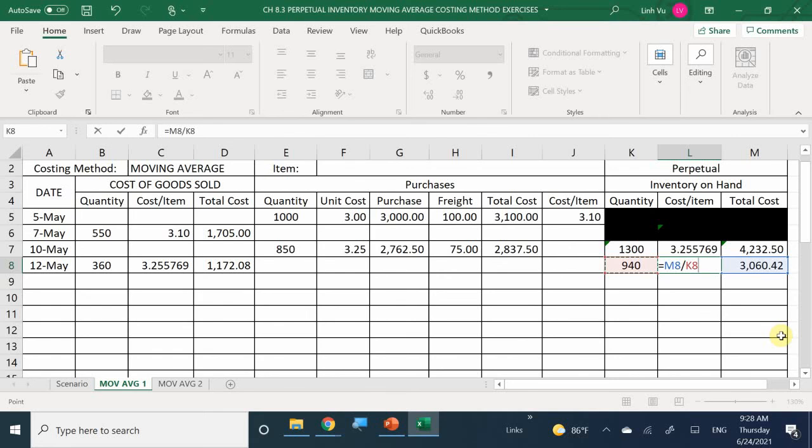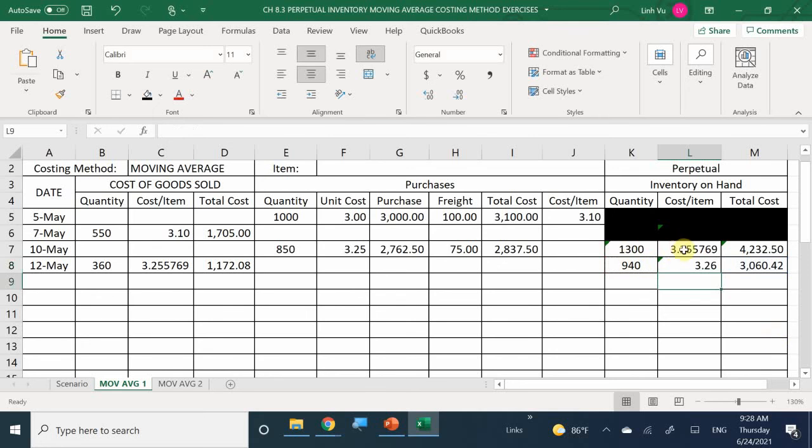All right, 3.2557. 3.2577, and I'm going to go ahead and, okay. So here it's now 3.25766. It dropped 10,000th of a penny. Okay.